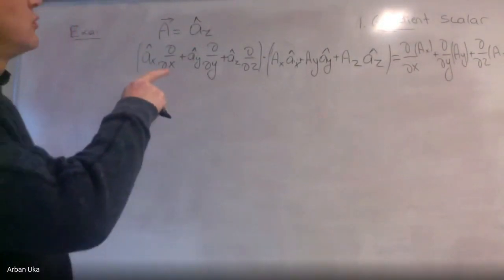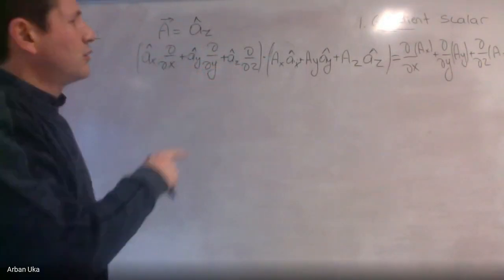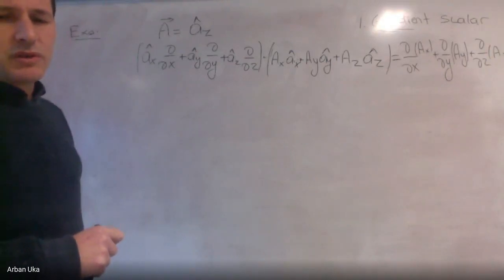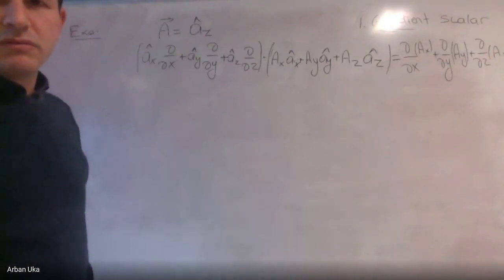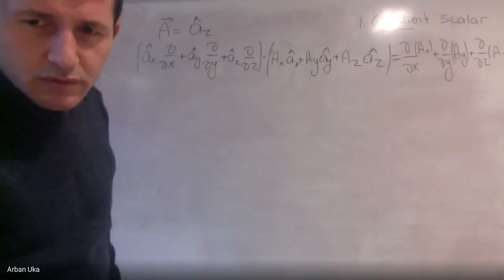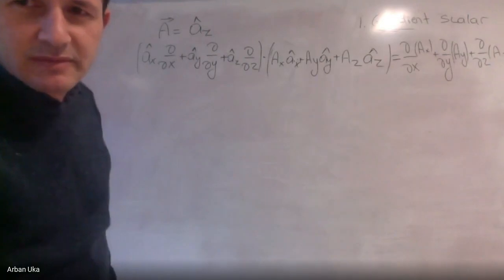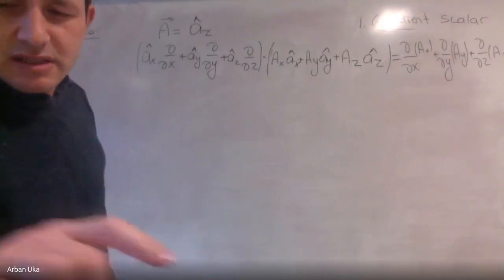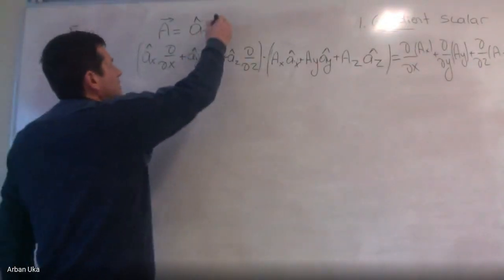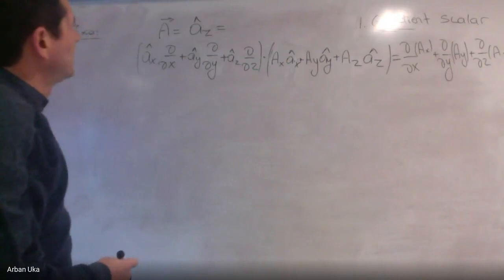If you substitute this A into this equation here, what should be the answer? Can you think about this one for a moment? You can provide your answers if you want to. Let's check this one. I think it looks to me that you are correct.